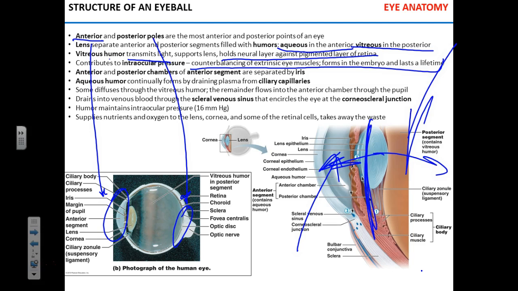The jello resists the pulling pressure of the extrinsic eye muscles. The anterior segment, as I mentioned, is filled with the aqueous humor, which is produced in the ciliary processes here. There are capillaries in these processes. They produce the humor.